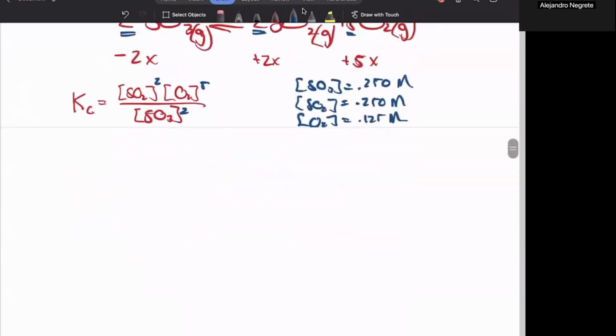So we can plug in all of these values here.